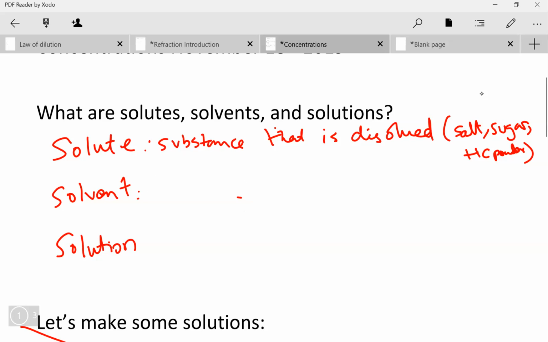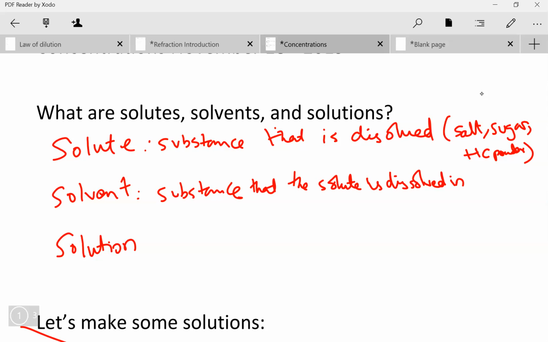Again here, I'm going to say substance that the solute is dissolved in. So this is usually your water or milk or any of those things that you put salt, sugar, or hot chocolate powder into.